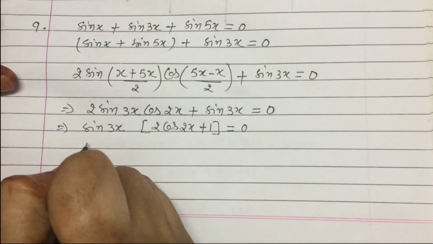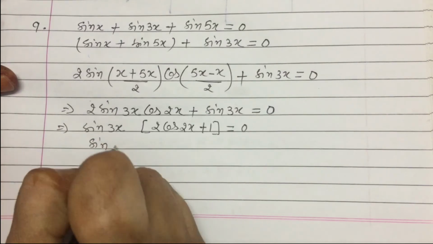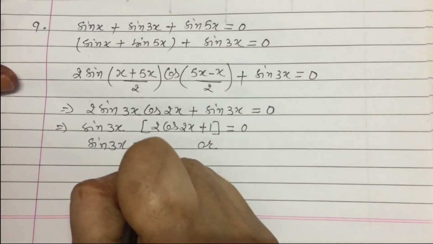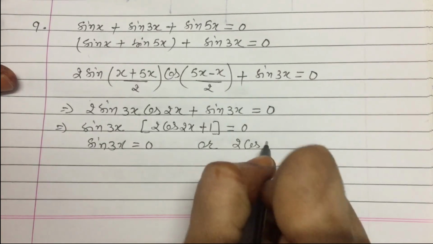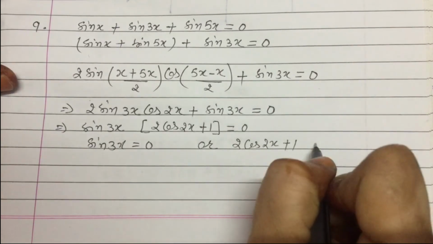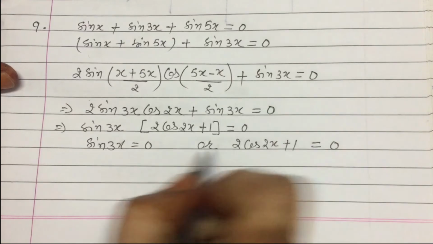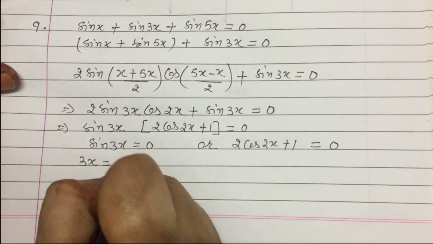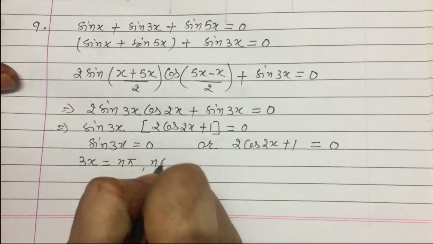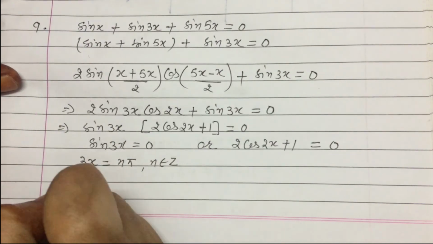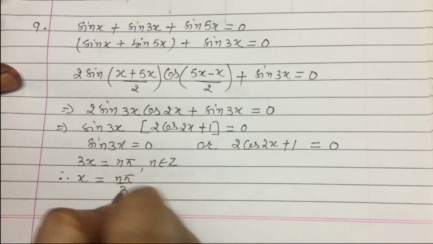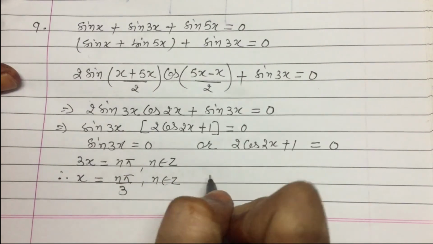Now we have two factors. First is sin 3x is equal to 0 or another is 2 cos 2x plus 1 is equal to 0. So from here you will get 3x is equal to n pi, n belongs to z, so x is equal to n pi by 3, n belongs to z.